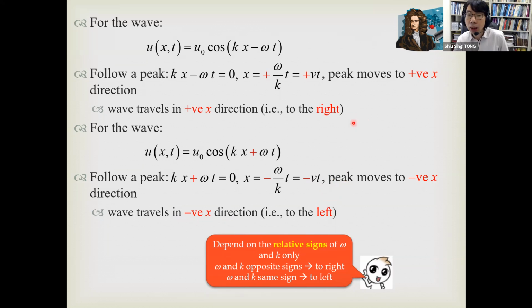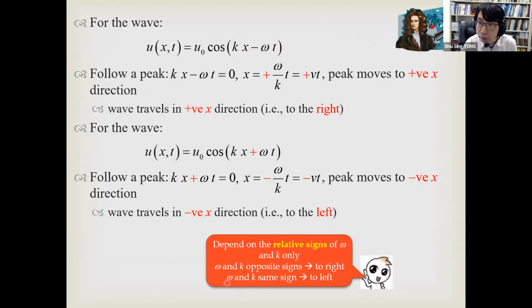Now there's a rule which allows you to determine whether the wave is traveling to the right or to the left. The rule is simple. The relative sign of omega and k determines the direction of travel of the wave. If the signs before omega and k are opposite, for example, the constant before k is positive and the sign before omega is negative, so one positive, one negative, they are opposite signs, that corresponds to a wave traveling to the right.